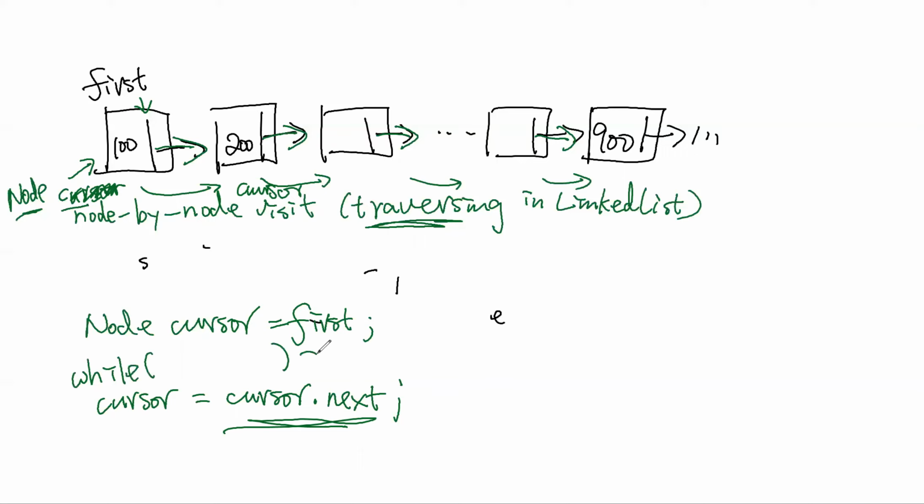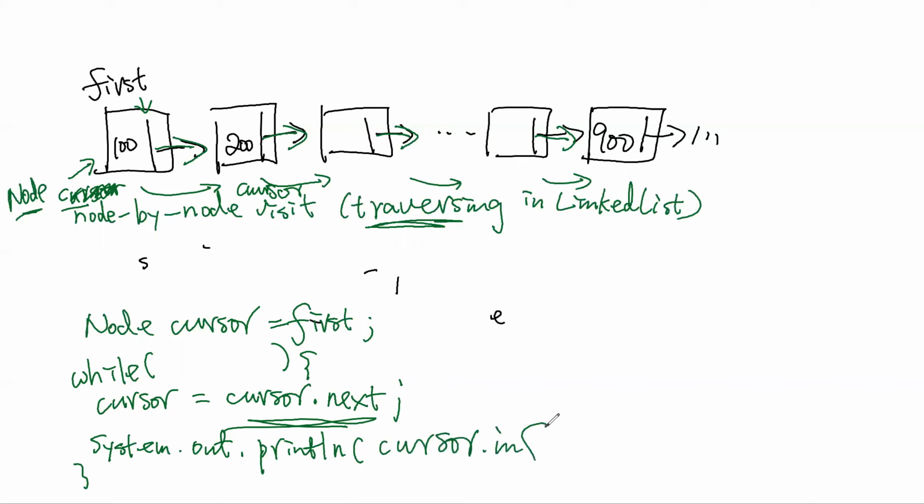Just think about it, if you put it in a while loop, and suppose we just want to do output with System.out.println, you can just do cursor.info, and then advance the cursor to the next. Then I can keep doing this, and in this case, I can visit every node.